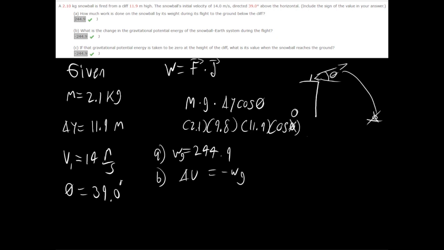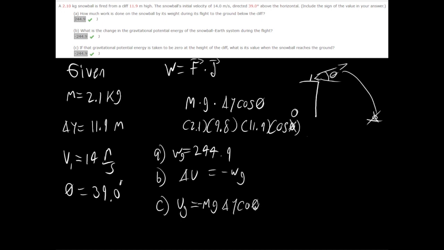So we know that the gravitational potential energy is equal to negative mg delta y cosine theta.